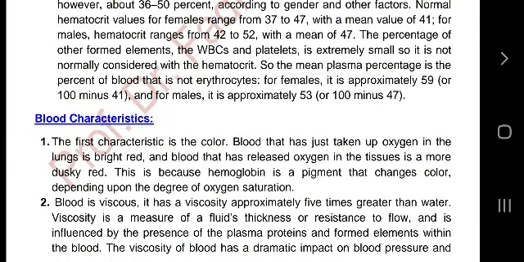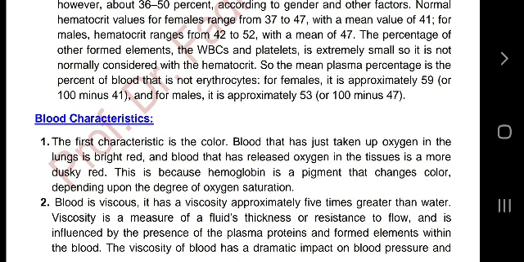Properties of blood. The first property is color. You know that blood carries oxygen, so its color changes according to the oxygen content. Blood that has just taken up oxygen in the lung is bright red, and blood that has released oxygen in the tissues is a more dusky red.